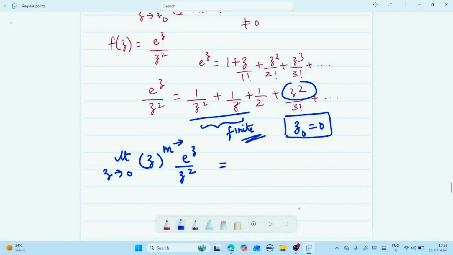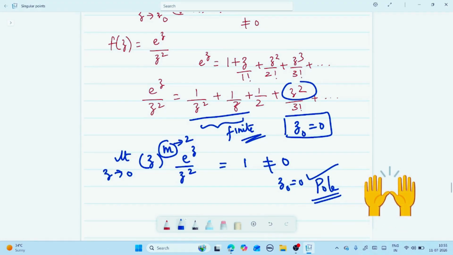So, when you apply the limit z tending to 0, it will be just 1, which is not equal to 0 and finite. So, the limit exists. Therefore, the isolated singular point z equal to 0 can be called a pole of order m, where m is 2.